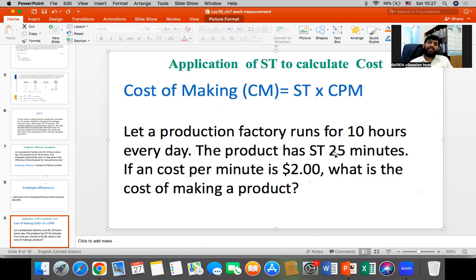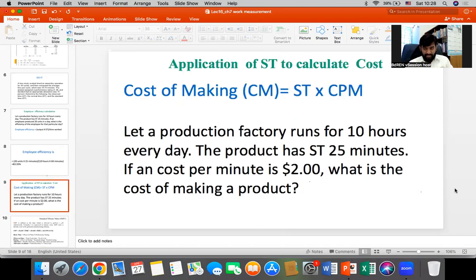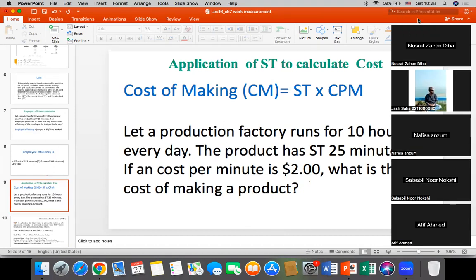It requires 25 minutes, so 25 multiplied by cost per minute $2. Standard time is 25 minutes and cost per minute is $2. So what is the cost of making a product? $50. $50 only.